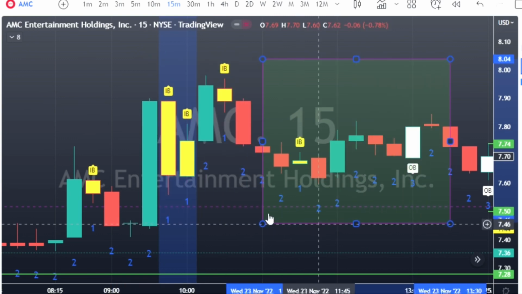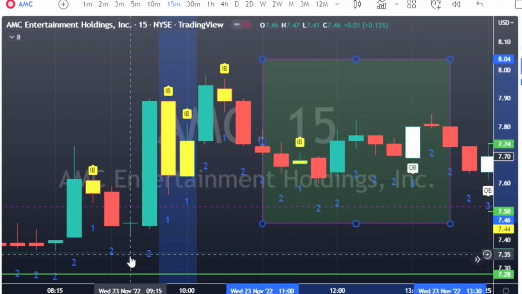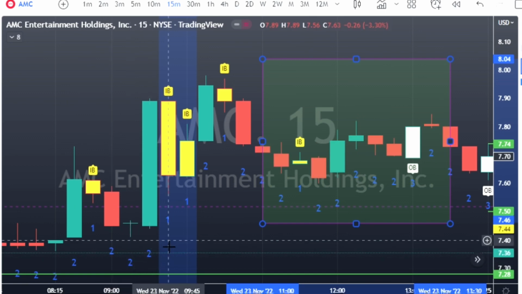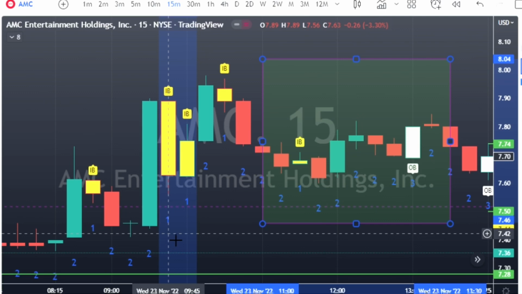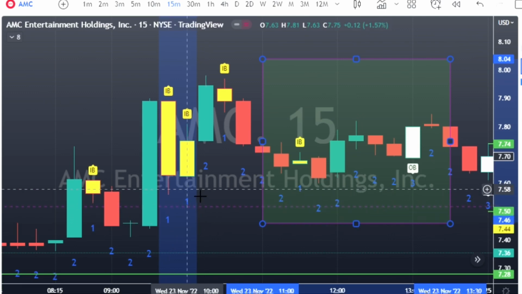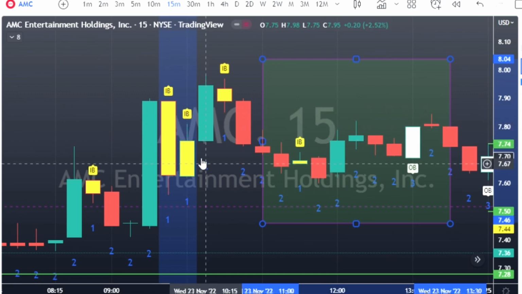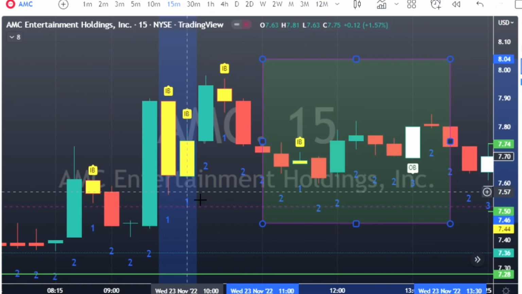Remember on that chart when I was showing you the 1s? The 1s and 2s that you see on your screen, that's also something I've created to help out with the trading. You don't need them, but it helps you distinguish what everything is. A 1 bar or an inside bar, the same thing, stays within the range of the previous bar. It's a consolidating candle, so that's a lot of times what we look for, and we look for breaks of those inside bars.